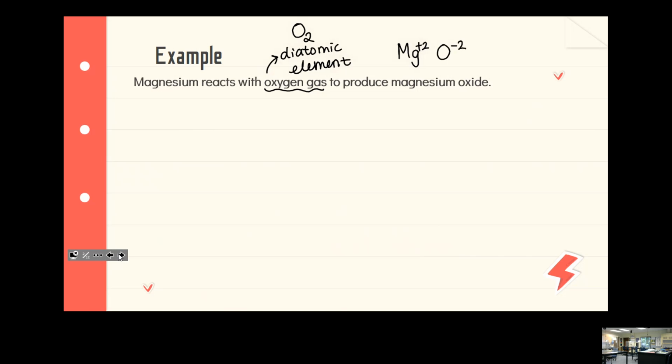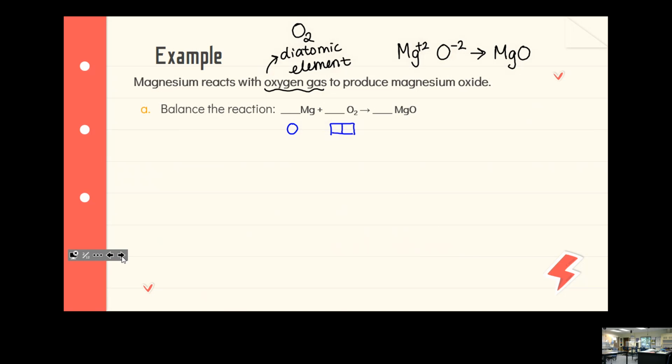Because it's a +2 and a -2, I know if I have one of each, then it's already neutralized. So in this problem, you're actually given that already, and you're just asked to balance, but it's still good to reiterate.